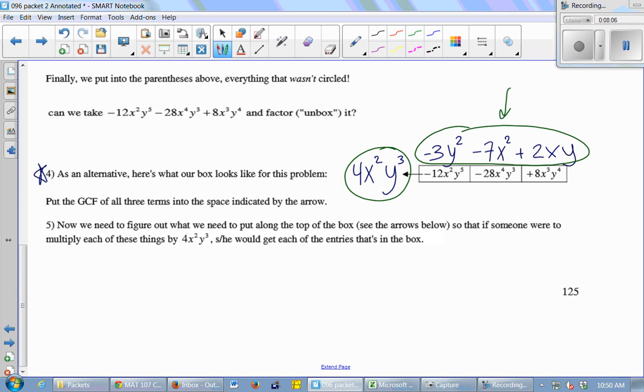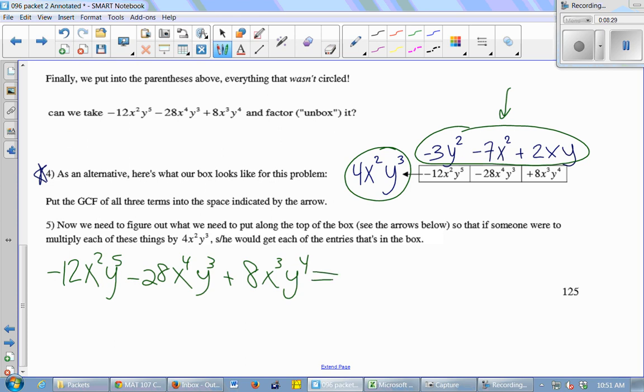So if I want to be really specific, I'm just going to write this down to be really clear about what we're doing. I took negative 12x squared y to the fifth, minus 28x to the fourth y cubed, plus 8x cubed y to the fourth. Right? That's what I was given. That's what I started with. And I factored it, which means I rewrote it as a multiplication problem.